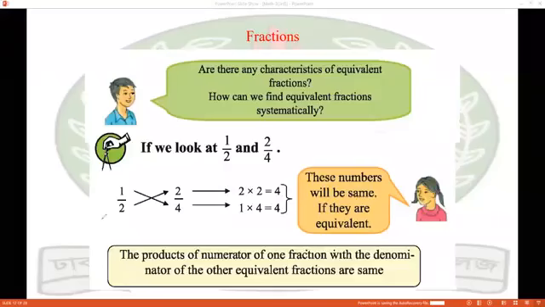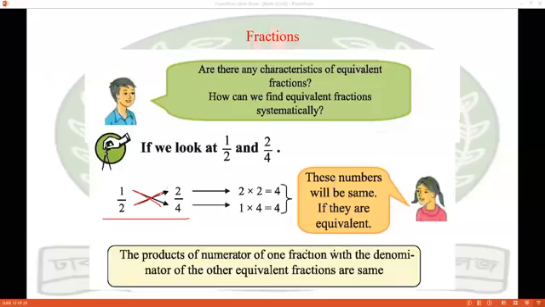At first you have to write the two fractions in this way, then you multiply the numerator of the first fraction and the denominator of the second fraction. Then you multiply the denominator of the first fraction and the numerator of the second fraction.